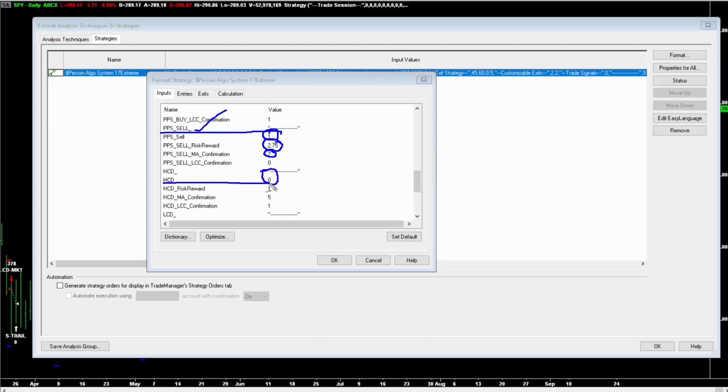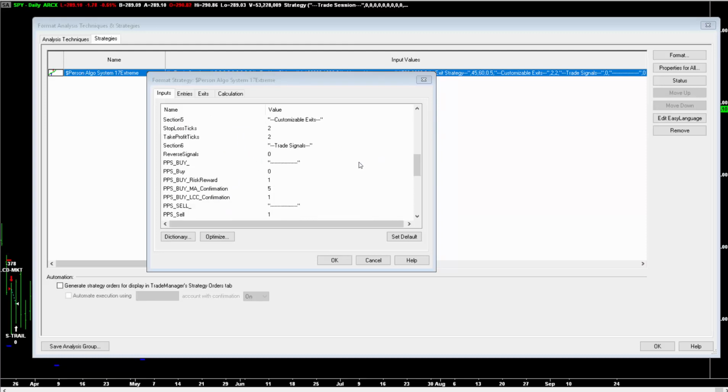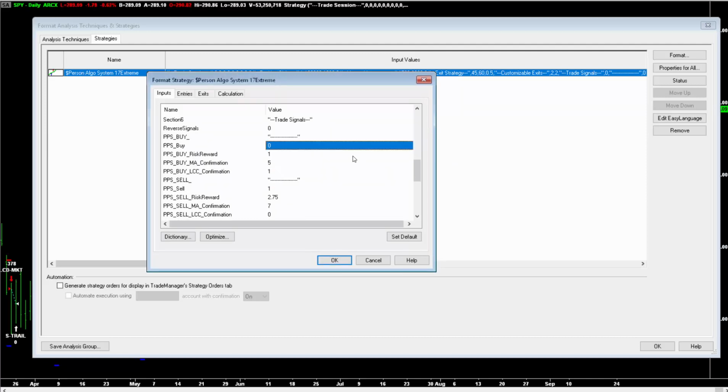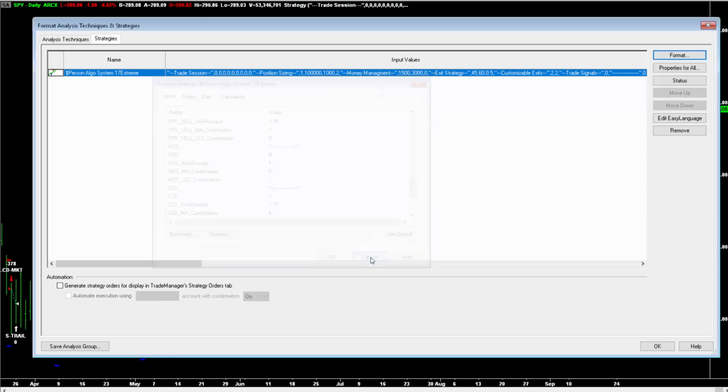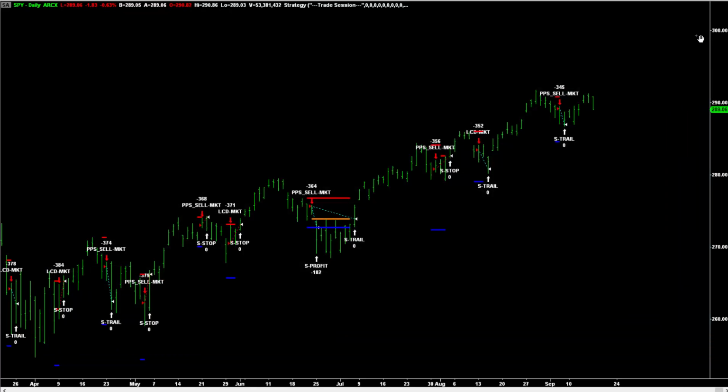So when it says high close doji over here, or for example, a buy signal, the buy signals are turned off. We're not looking at optimizing this for a buy signal system. It's sell only. But notice that the risk reward ratio is a lot higher with PPS sell signals, like 1 full point more in standard deviation than the low close doji, which is a great signal.